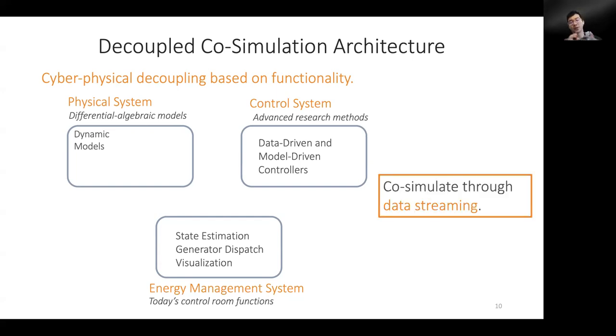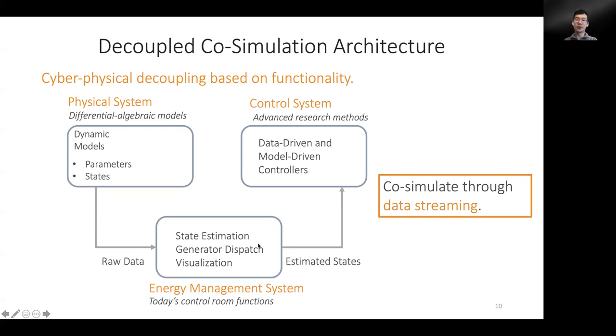To put those three categories of systems together, we need data streaming. For example, we can take measurement data out of the physical system as raw data and stream it to the energy management system. The state estimator can run estimation using those raw data to output the estimated states for the control system.